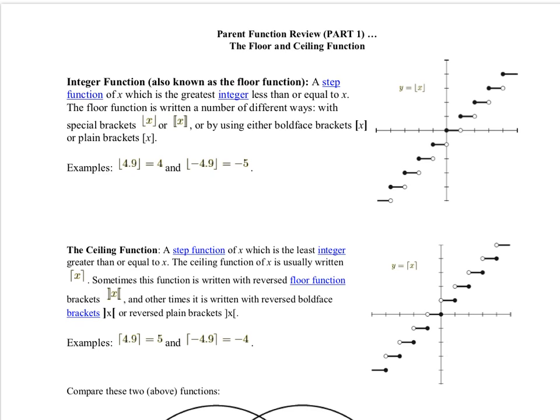So this first step function is the integer function, also known as the floor function. This is a step function of x, which is the greatest integer less than or equal to x. The floor function is written in a number of different ways with special brackets, like you see here. This one has a line with a line underneath.